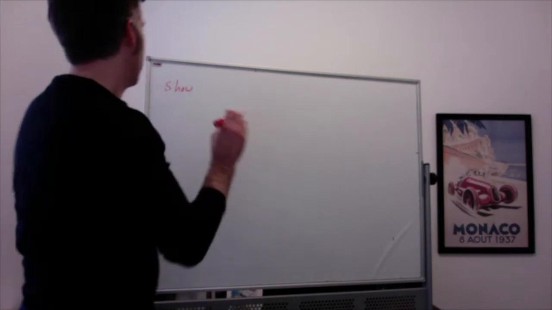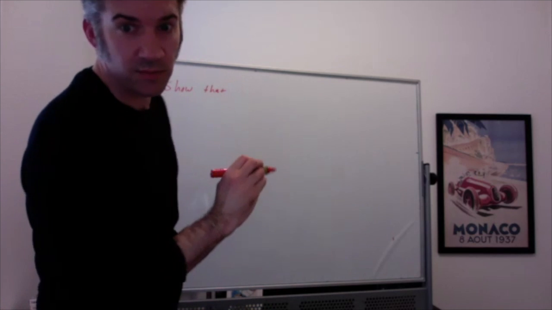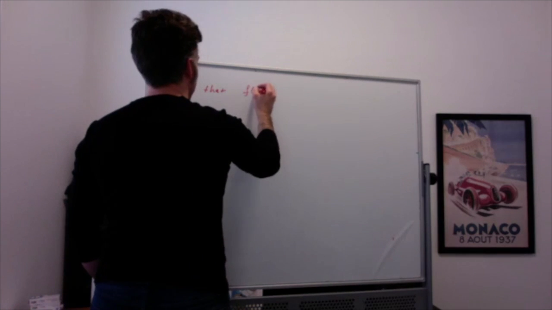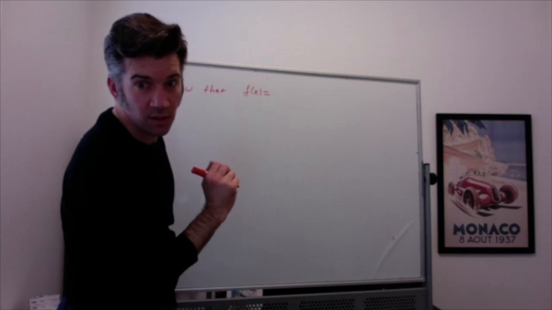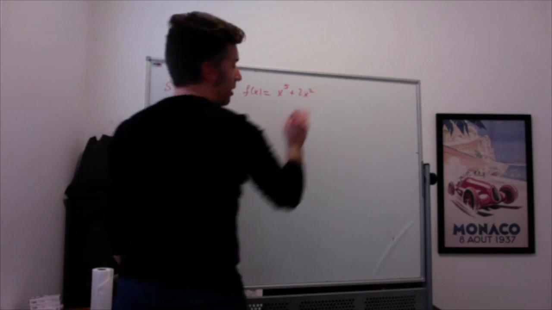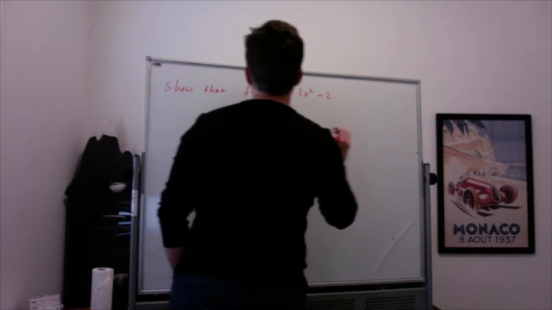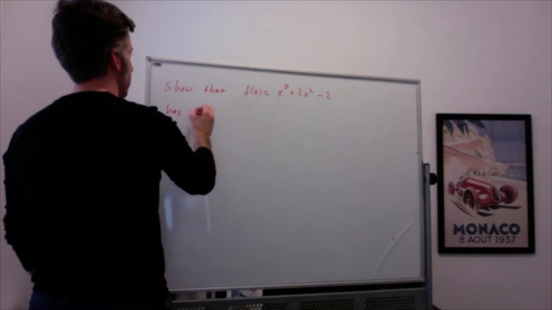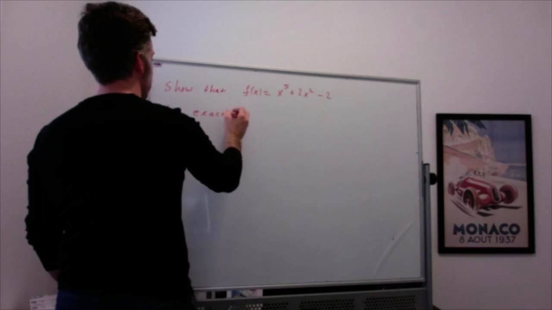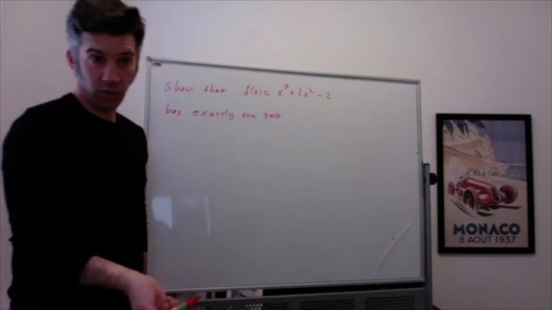So I want to show that this function f of x equal to x to the 5th plus 2x squared minus 2 has exactly 1 root.